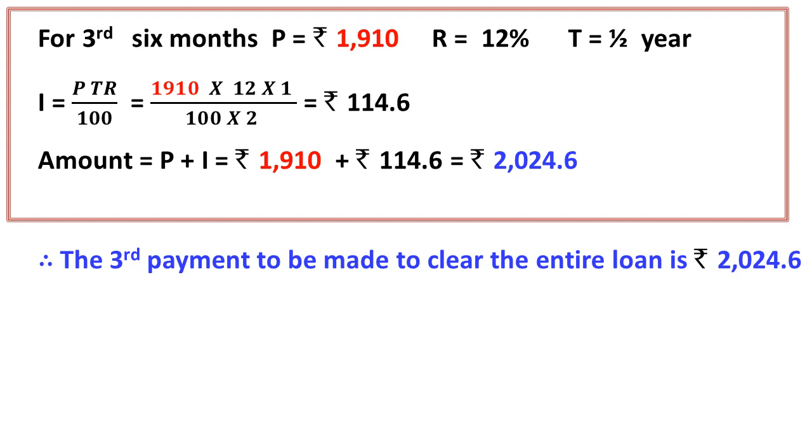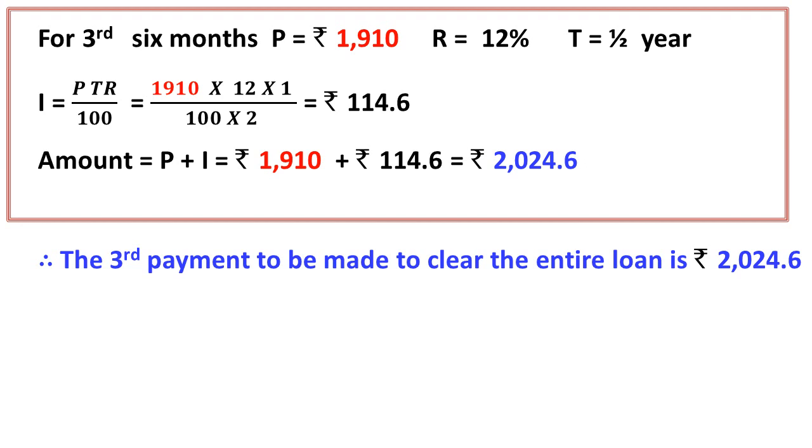But in the fifth problem, what happened? It is very much clear. Here also, after the end of every 6 months, he paid rupees 1,800. And by the time of the third payment, he decided to clear his account. So for the first 6 months, the amount paid, 1,800, was deducted. The remaining amount was considered as the principal for the second 6 months.